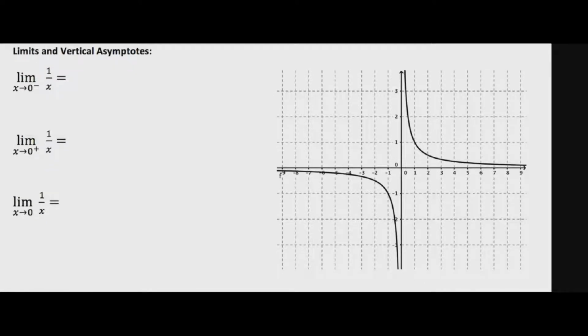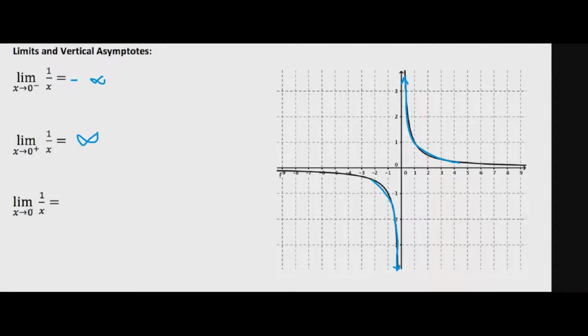Okay, let's look now at limits and vertical asymptotes. All right, now this is the one I was telling you. As x approaches 0 from the left, the 0 is right here. As we approach 0 from the left, look, it keeps going down. This is negative infinity. Over here, as we approach it from the right, as I get closer and closer, this is going up to positive infinity.